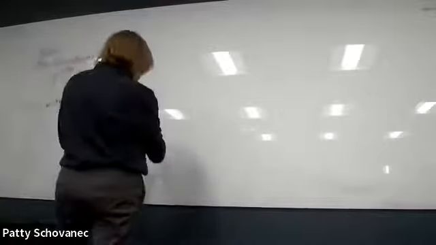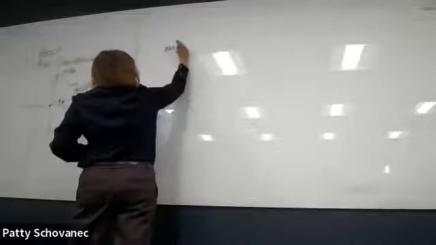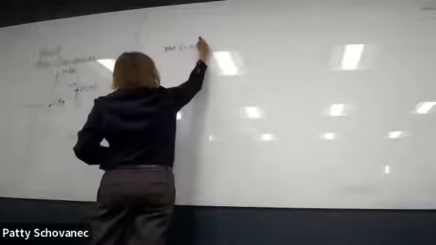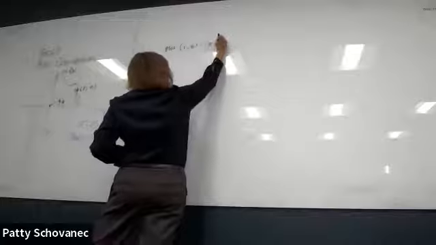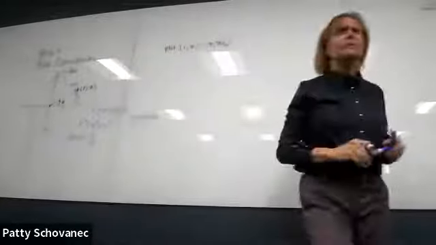So for instance, plot a point where r is 3 and theta is pi over 6. R is 3, theta is pi over 6 is where? You have an idea?